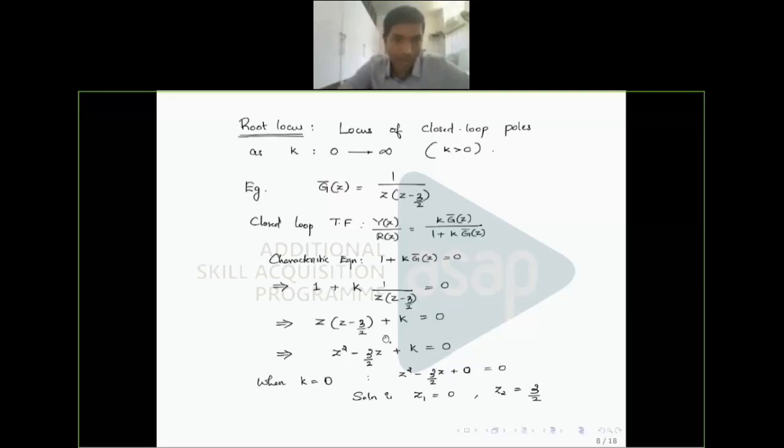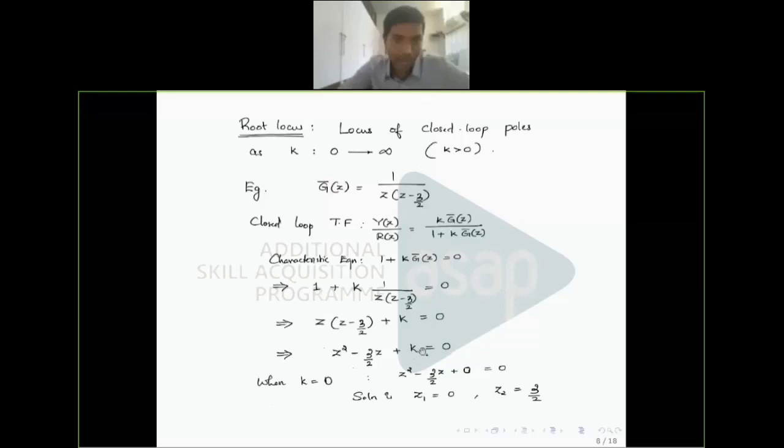So I'll repeat, what is root locus? Root locus is the locus of closed loop poles. So how to obtain the closed loop poles? Closed loop poles are obtained as the solution of the characteristic equation z square minus 3 by 2 z plus a. So root locus is the locus of closed loop poles which can be obtained from the solution of characteristic equation as this capital K is varied from 0 to infinity.